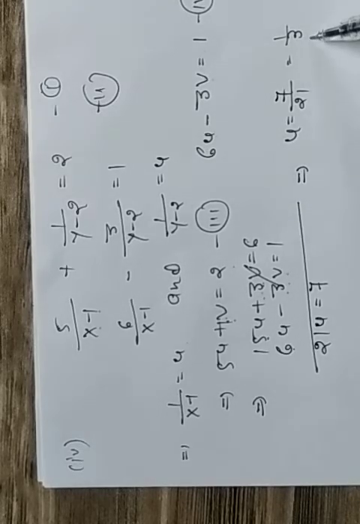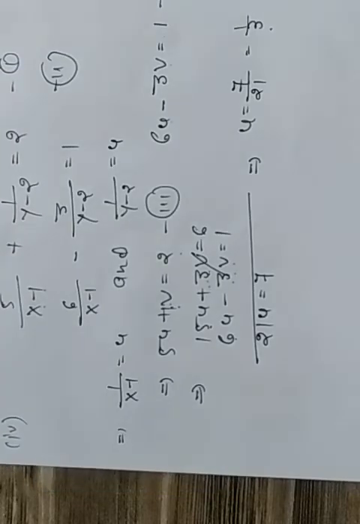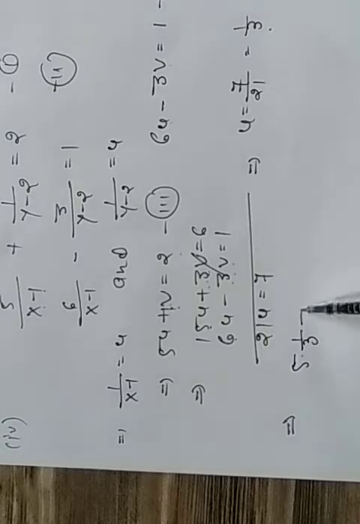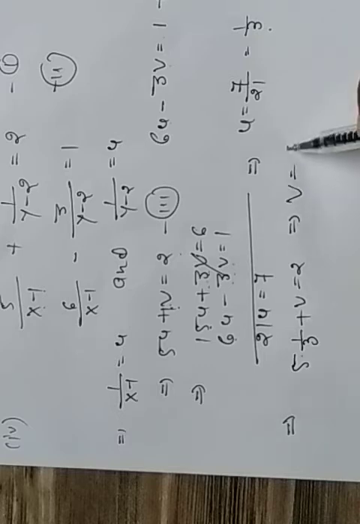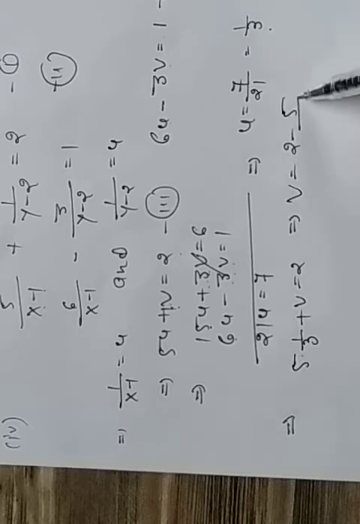Now put this value in equation 3, then see what we are getting: 5 into 1 by 3 plus v is equal to 2, which implies v is equal to 2 minus 5 by 3.